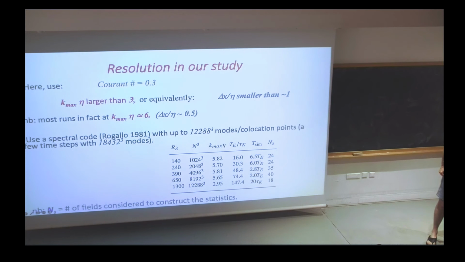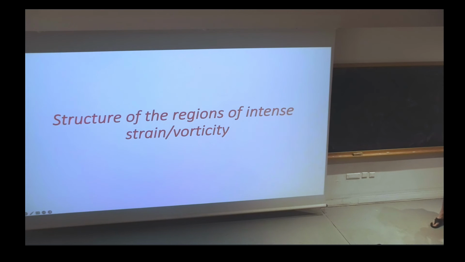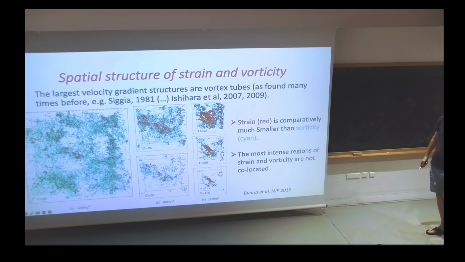Okay, so what about intermittency? The first thing is this question, which was very well introduced by my predecessors yesterday: what is the spatial structure of strain and vorticity?